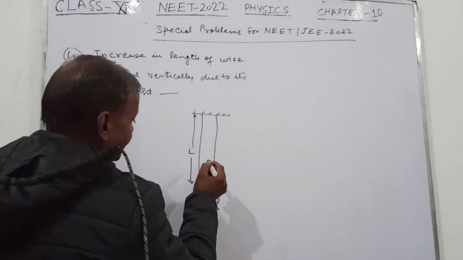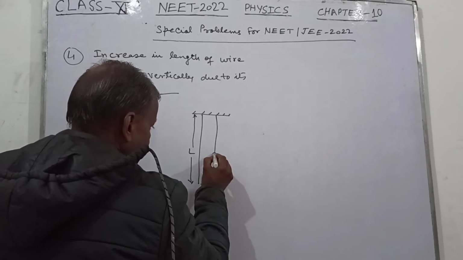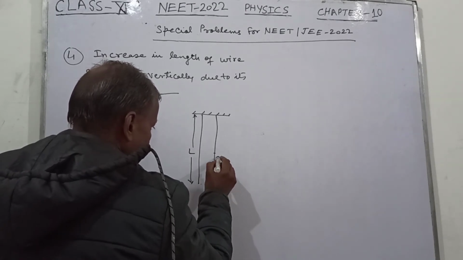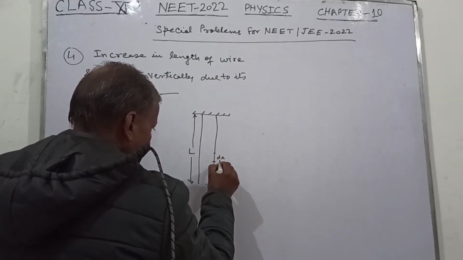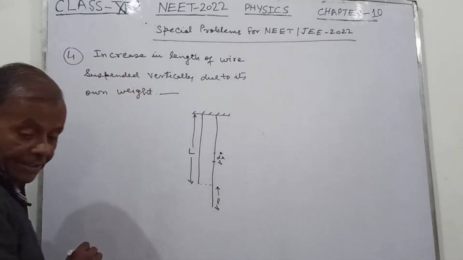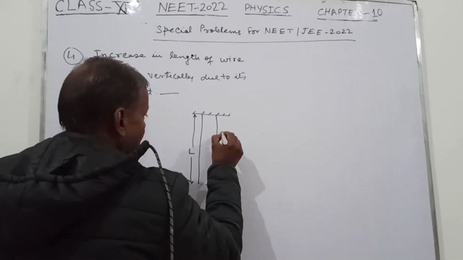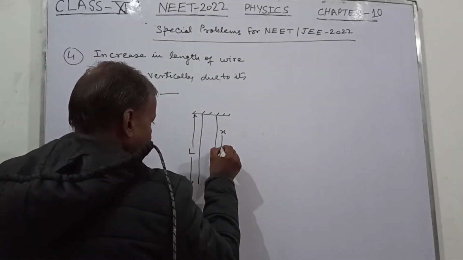This is given iron, and let us consider that this is an element of length dx, and this is at distance x from the point of suspension.